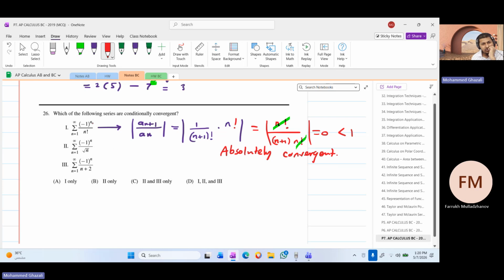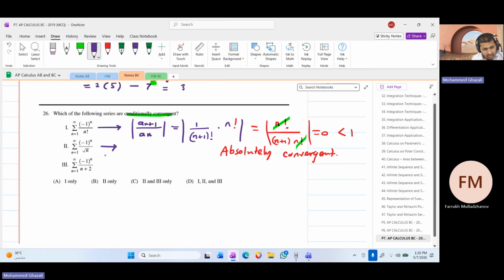But they ask for conditional convergence, right? So how we're going to do conditional convergence is by checking for alternatives. Let's see, -1 to the power n. Let's convert this.